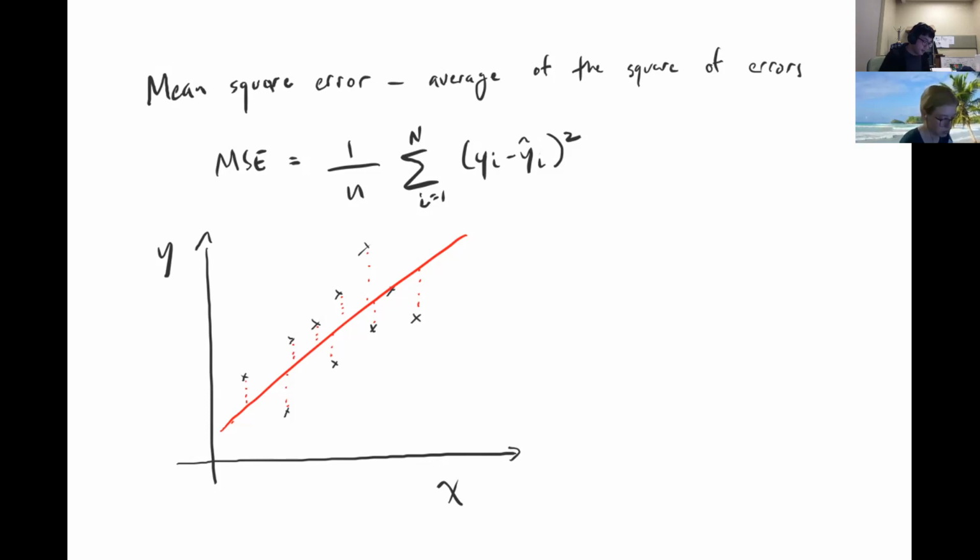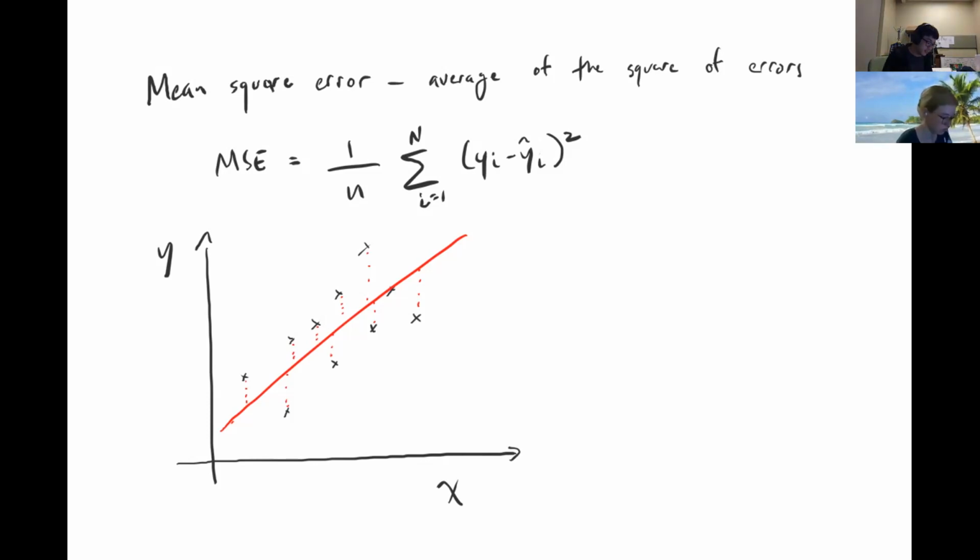Okay, so what I'm actually going to do is, let's suppose that this red line is trained on a subset of these x's.